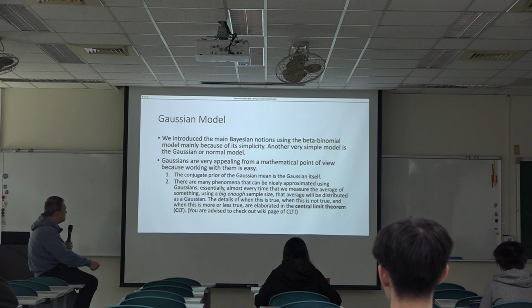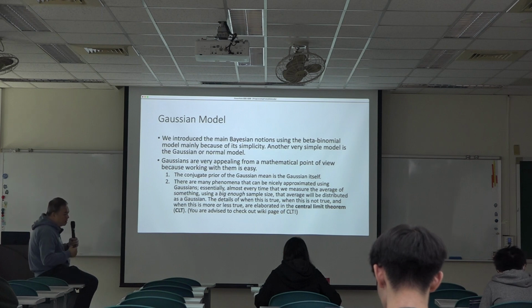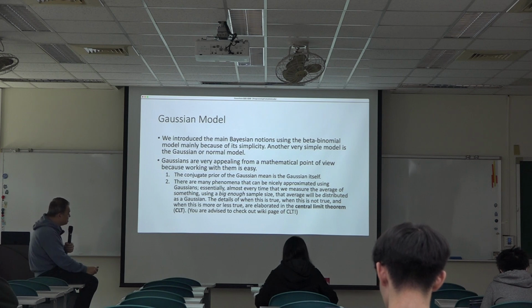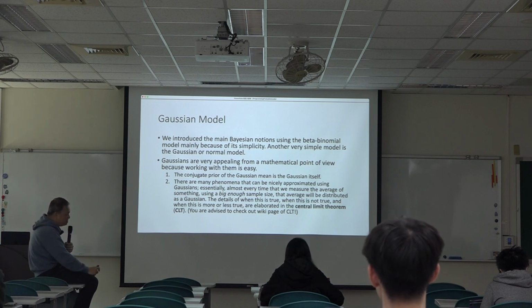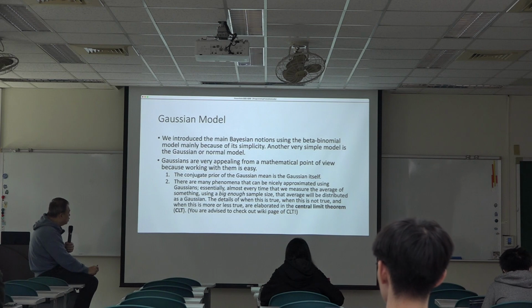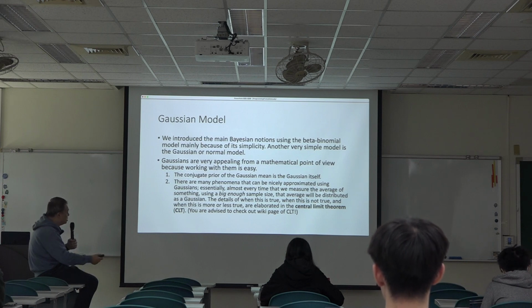Okay, so there's a mathematical proof of this called the central limit theorem, CLT, which is very famous in statistics. Okay, you can check out the Wikipedia page of the central limit theorem to see when this is true and when this is not true, or when it is more or less true, obviously.